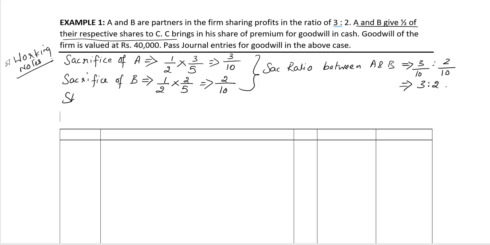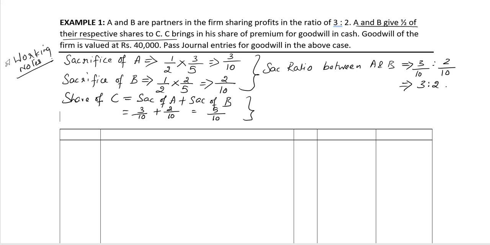Now, the share of the new partner C will be equal to the sacrifice of A plus the sacrifice of partner B. So that is 3 divided by 10 plus 2 divided by 10. In other words, 5 divided by 10.